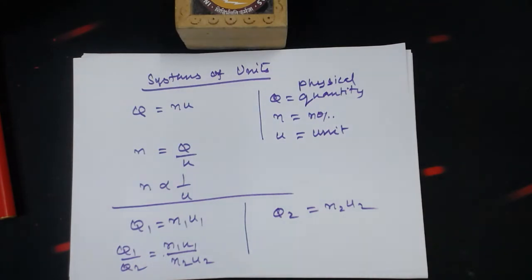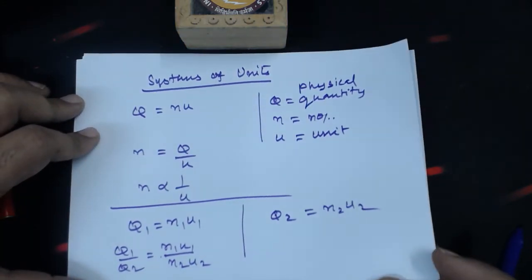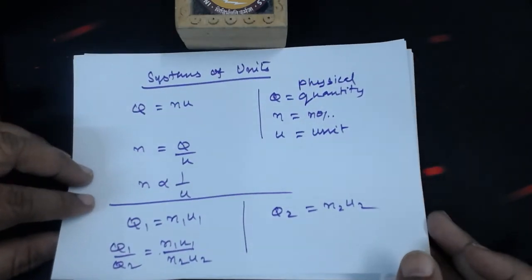The unit should not change with respect to time, pressure, or temperature. And also the unit should be internationally acceptable. So these are all the basic aspects about the units. We should have some international system of units.